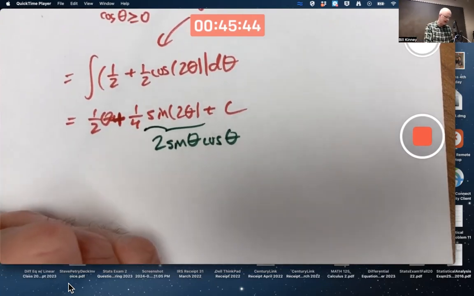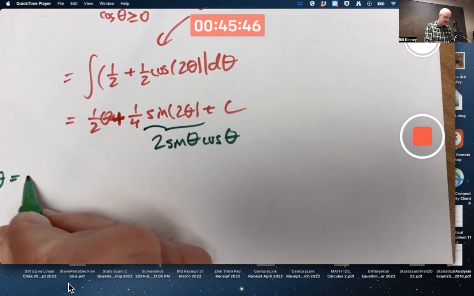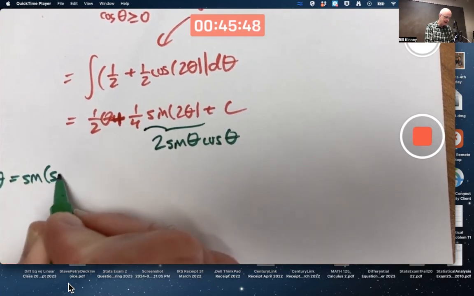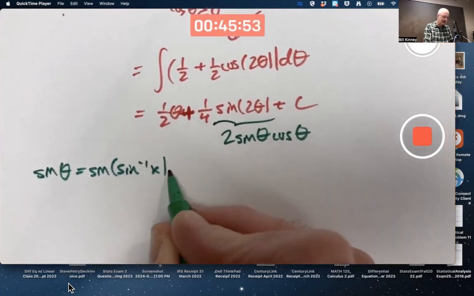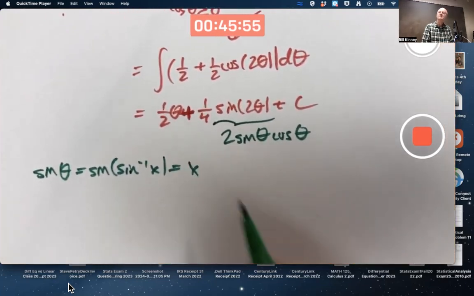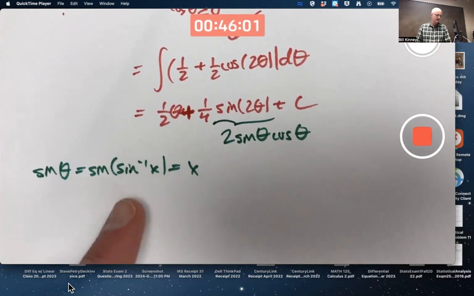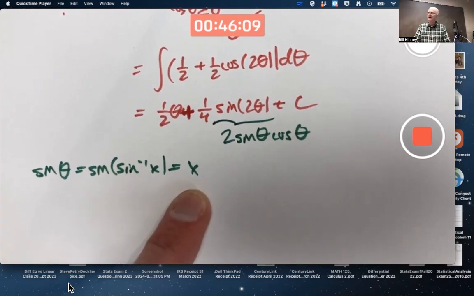Remember, theta is inverse sine of x. So sine theta is x. X is assumed to be between -1 and 1. So we can plug in the inverse sine function, get an angle technically between -pi/2 and +pi/2. Take its sine, we'll get the original x back.